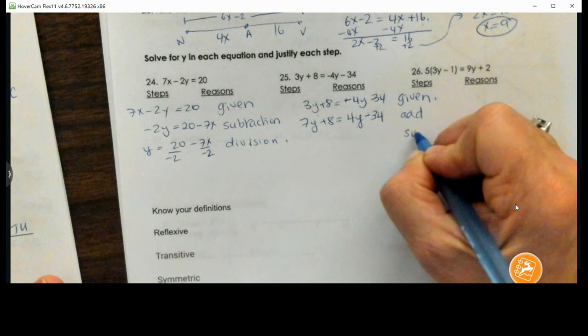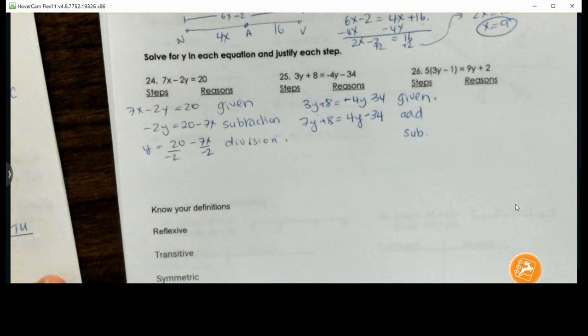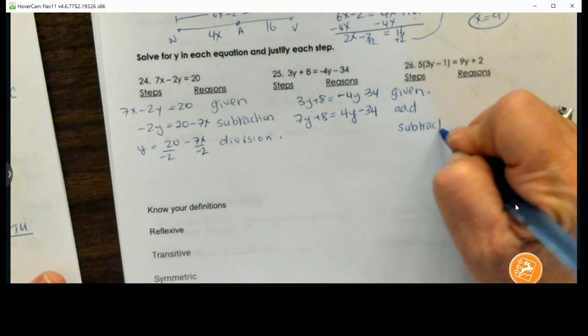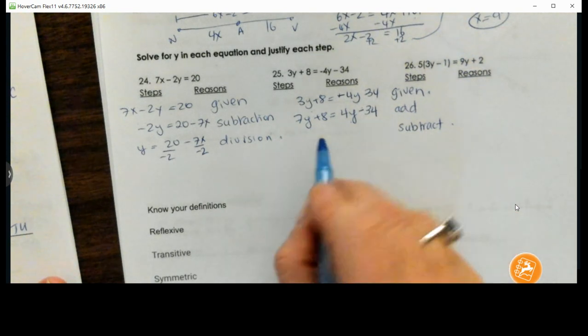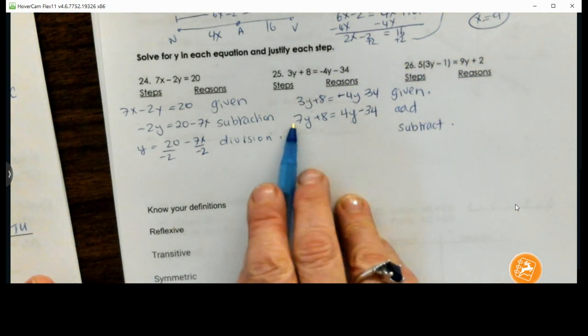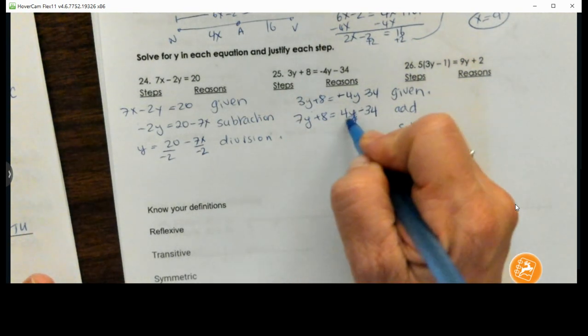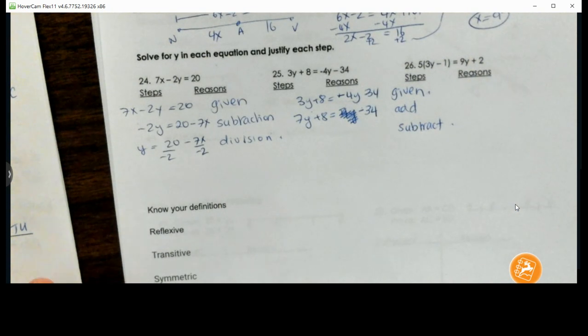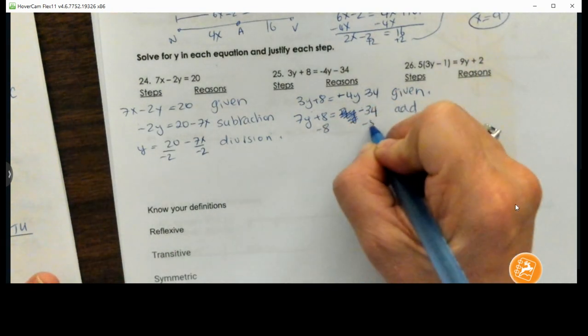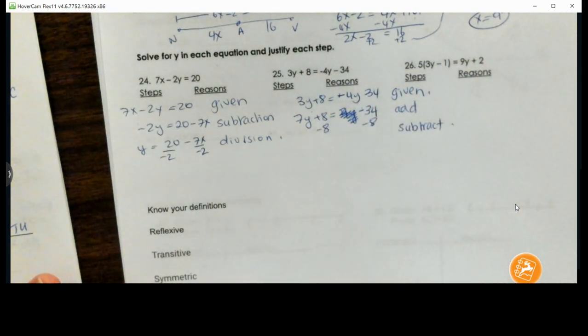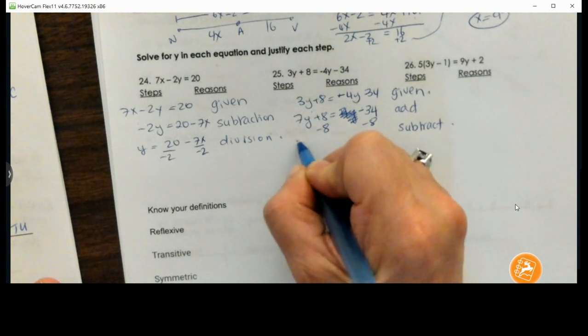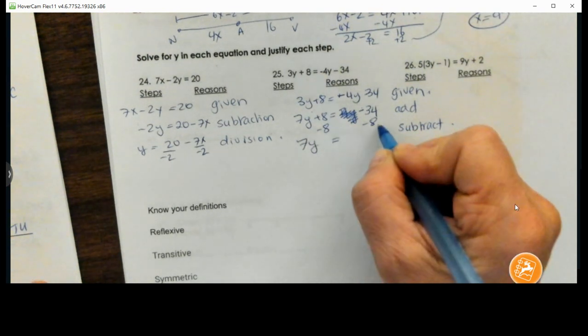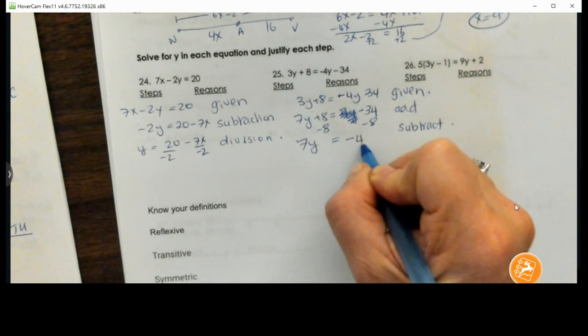Now I'm going to use subtraction. Sorry, this I already got rid of. I'm going to subtract 8 from both sides. And I end up with 7y is equal to negative 42.